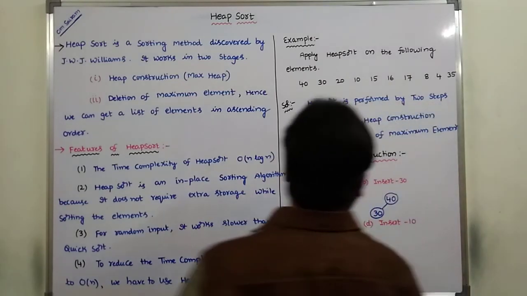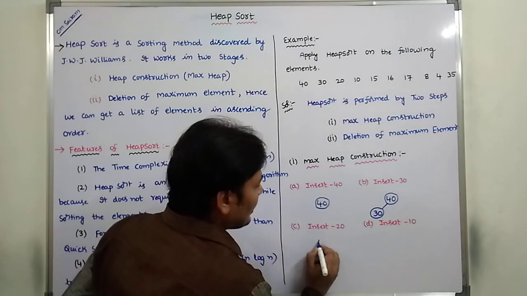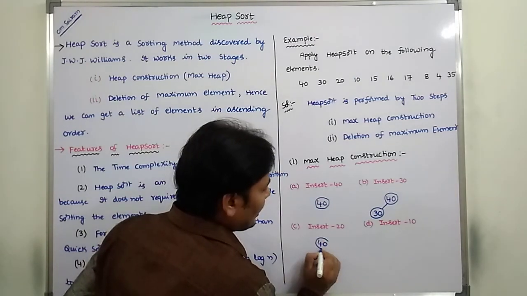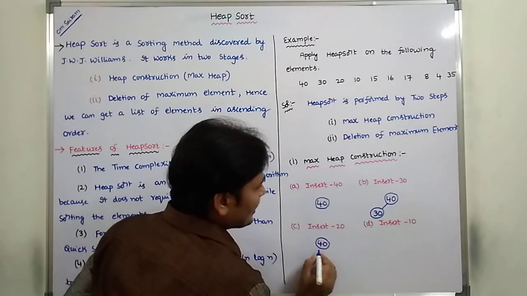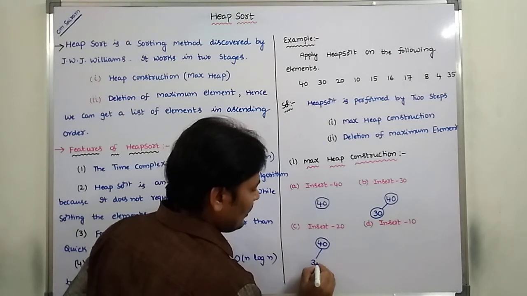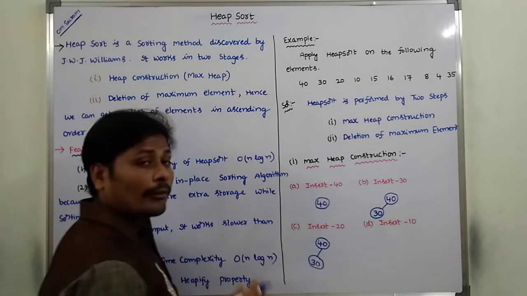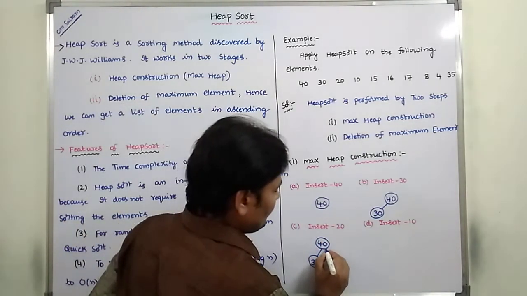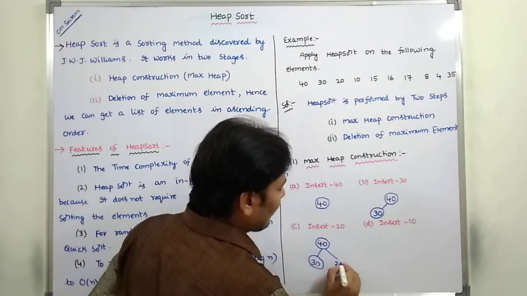Next, we have to insert 20. Before inserting 20, the existing maximum heap is this one. Now 20 can be inserted as the right child of 40 because the left child is not empty.